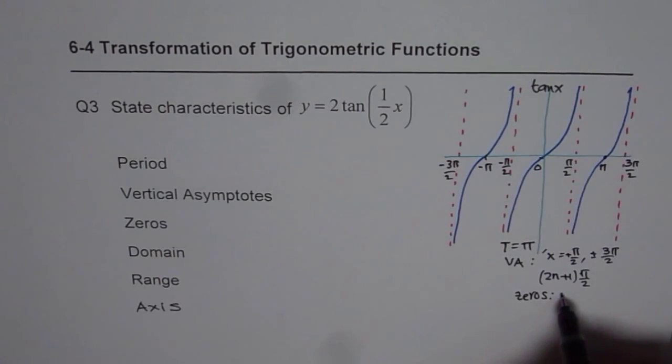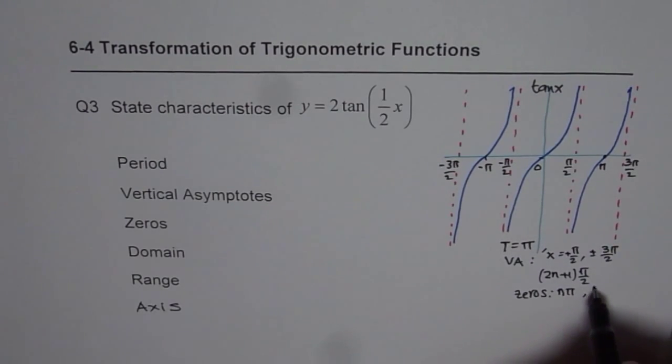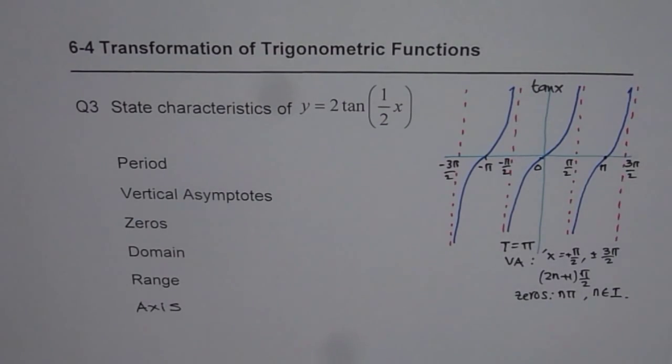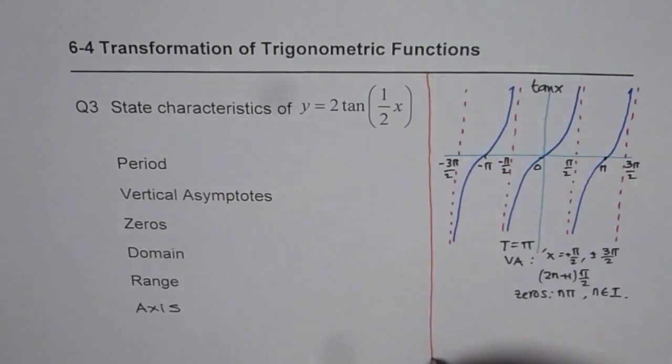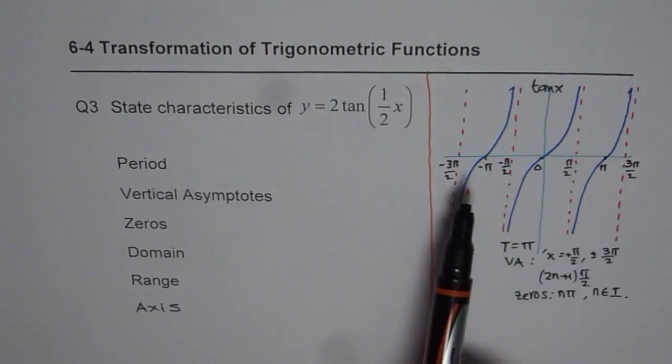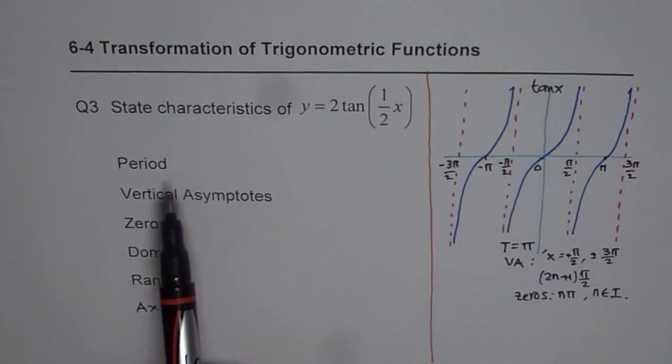So we can say n pi will give you zeros for the function where n belongs to integers, right? That is in general for the primary trigonometric ratio tan. So let's keep it aside for some time, but we will take help from here to answer these questions.